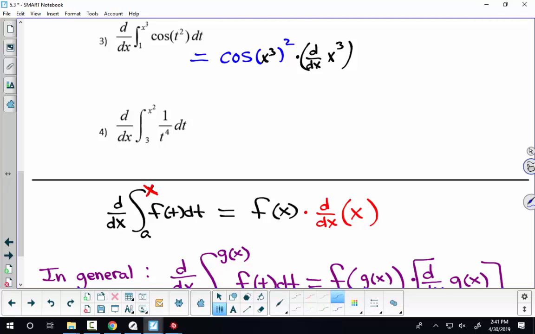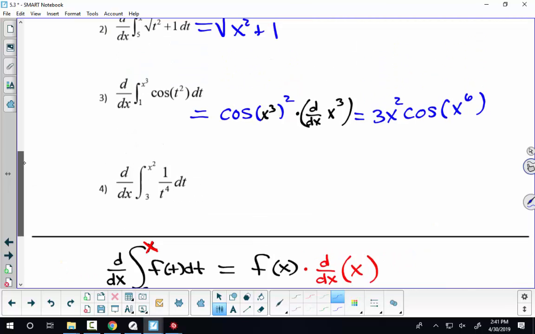So we have 3x squared times cosine of the quantity x to the 6th power. Any questions on that?